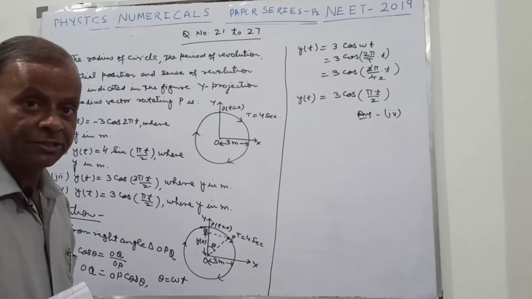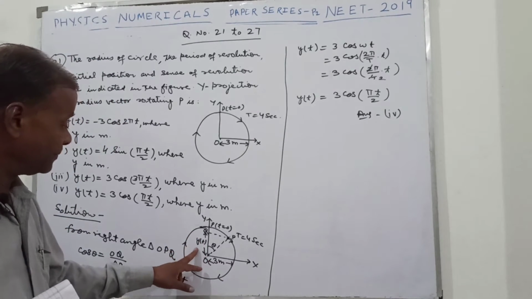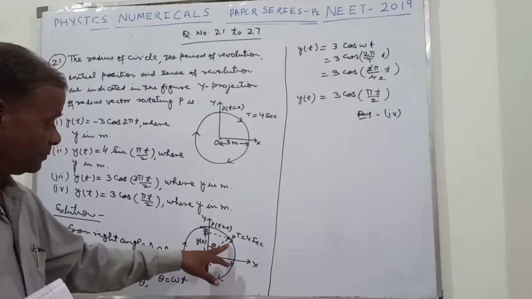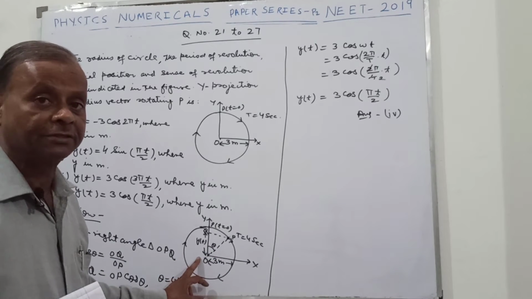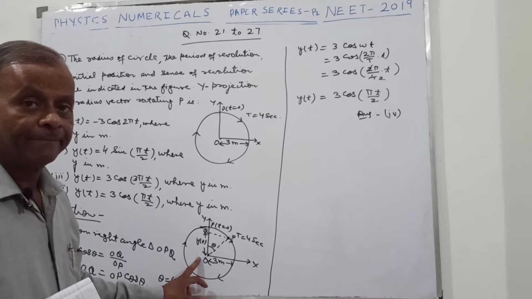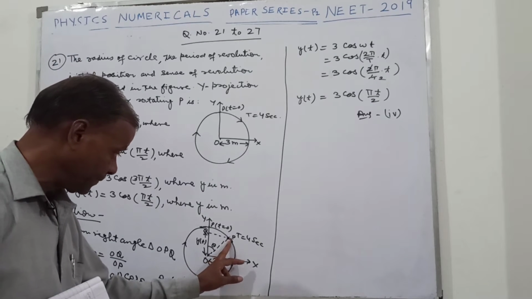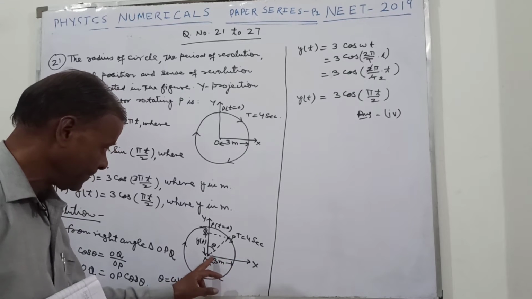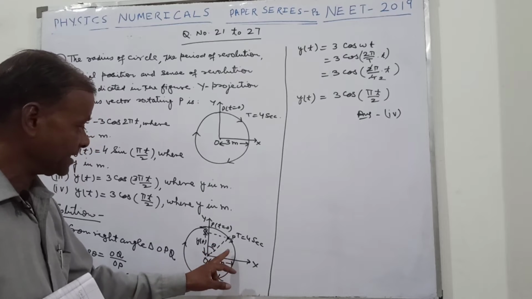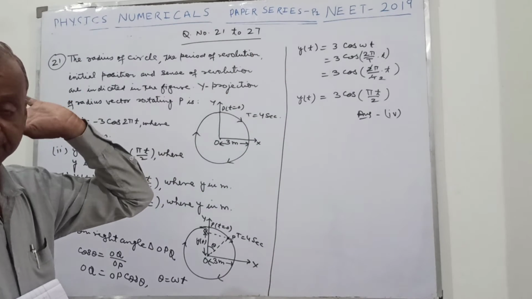It is asked for the y projection of the radius vector. If we had been asked for the x projection of the radius vector, then we would draw a perpendicular on the x-axis, and that distance would be x(t), and in that case instead of cos there will be sine.